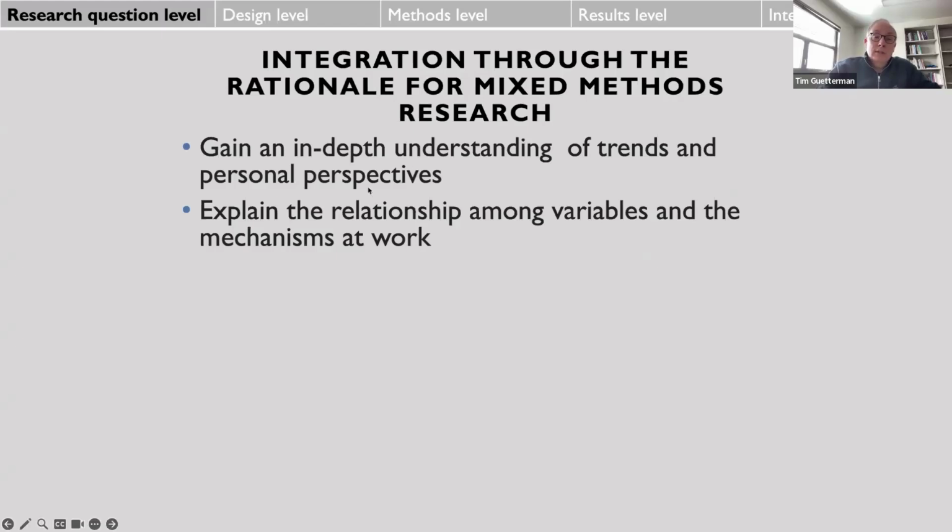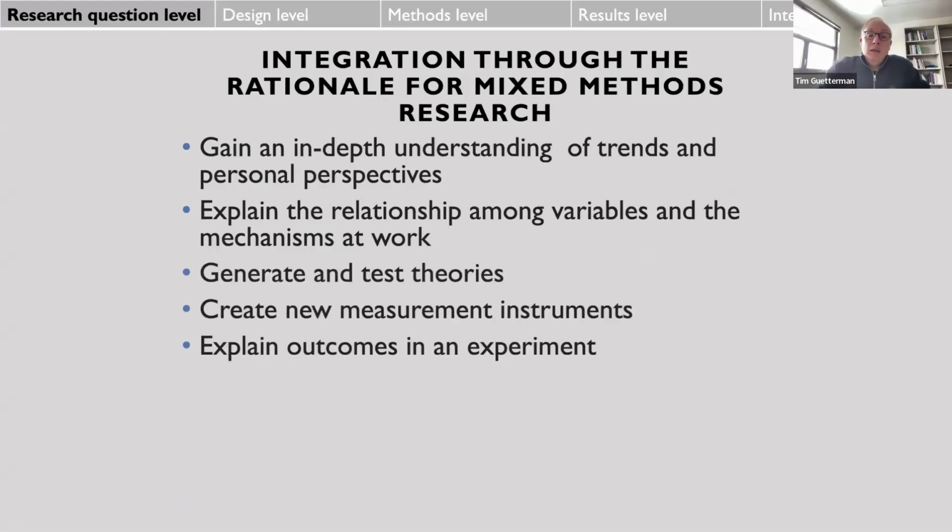So here are a few examples. Maybe you need to understand both trends and then also personal perspectives of individuals, so amplifying the voice of people. Or you need to explain relationships among variables or mechanisms that are actually occurring. Maybe you need to both generate and test theories. Maybe you need to create a new measurement or instrument or adapt one if one needs to be adapted.